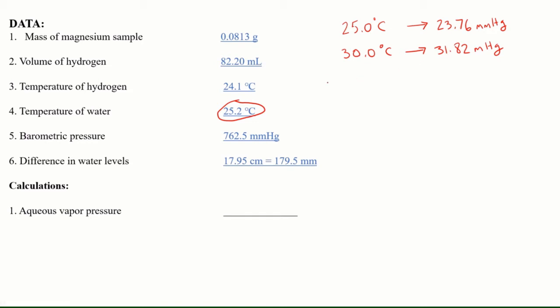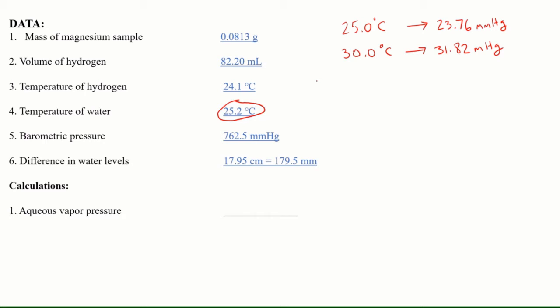So first we're going to determine the difference of pressure per degree, very similar to what we did in question number 3 of the advanced study assignment.